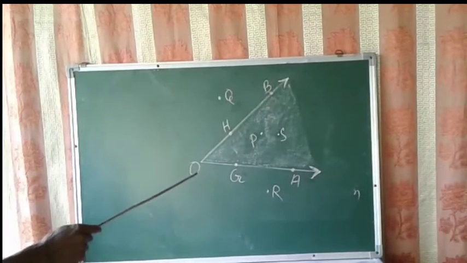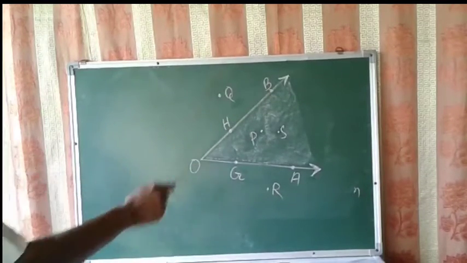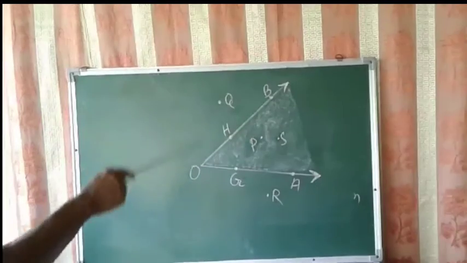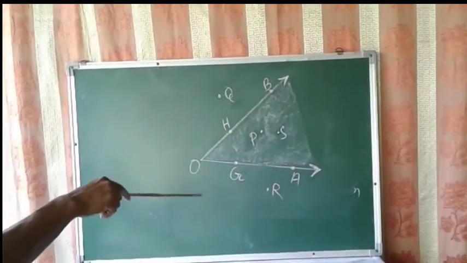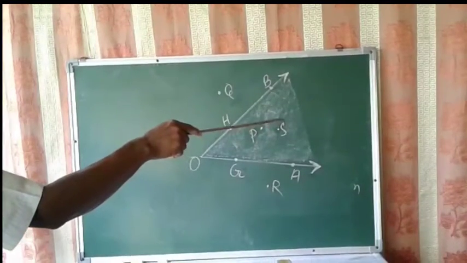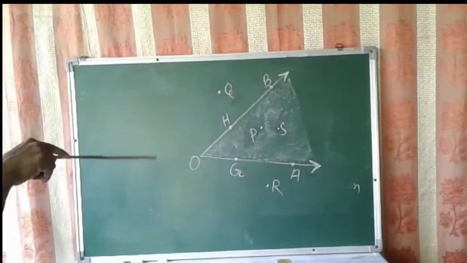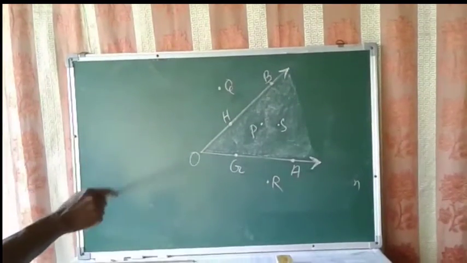Points which lie within the shaded region. These shaded region points, point P and point S, are within the arms of the angle produced indefinitely. That is the interior region of the angle. Next, points which lie on the arms of the angle.